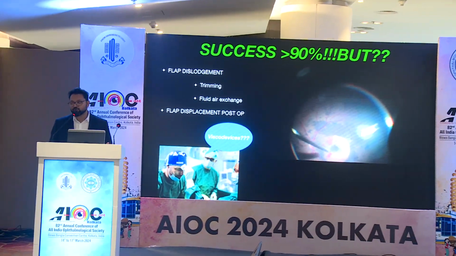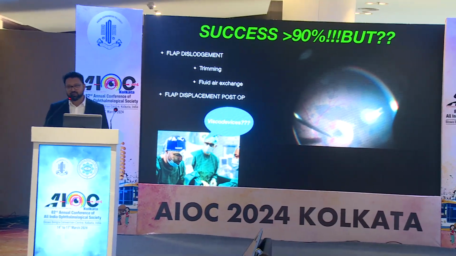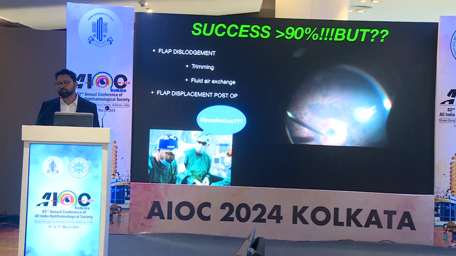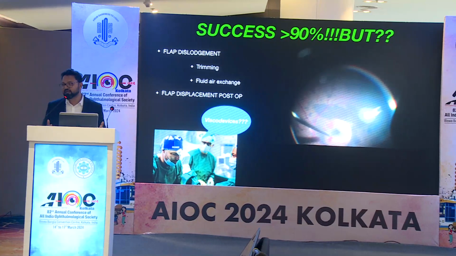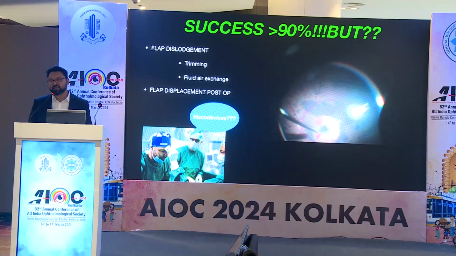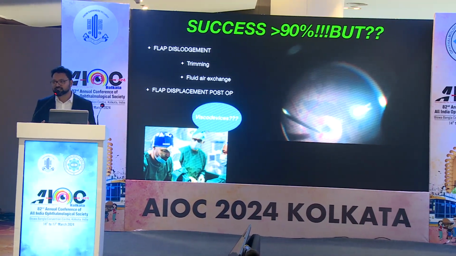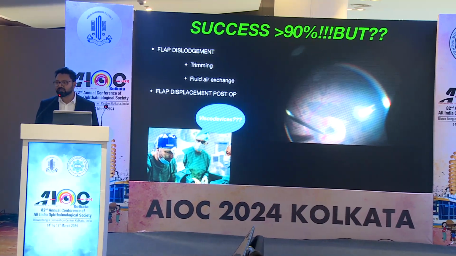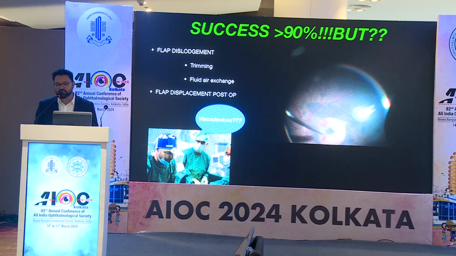This significantly improved the success rate, to more than 90% with most surgeons, but still there was an element of flap dislodgement and flap displacement, flap-related complications which happened, especially during trimming the flap or during fluid-air exchange when it used to displace, or even during an air-gas exchange with a leaky cannula where the flap would displace from its normal position.